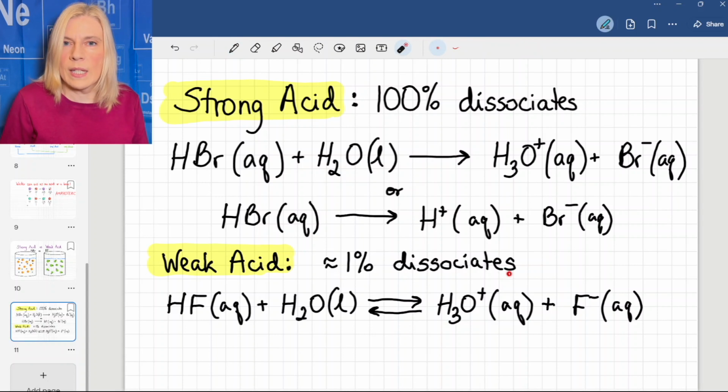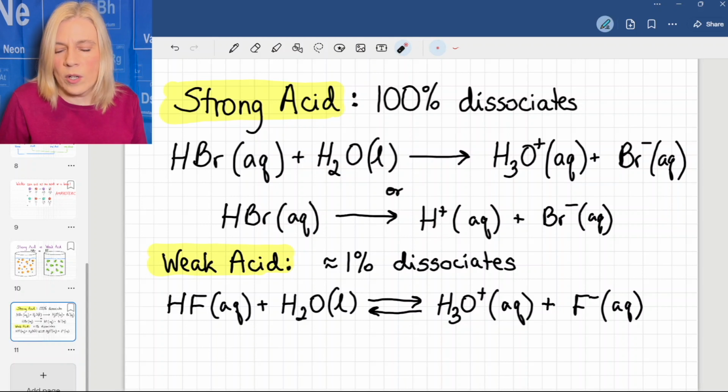When we have a strong acid in water, HBr reacting with water, we draw a one-way arrow, because once it dissociates, it's not coming back. It makes H3O+ and Br-. Now, H3O+ for many chemists is the same thing as H+. We just understand that H+ doesn't exist by itself, because it will piggyback right on the water molecules.